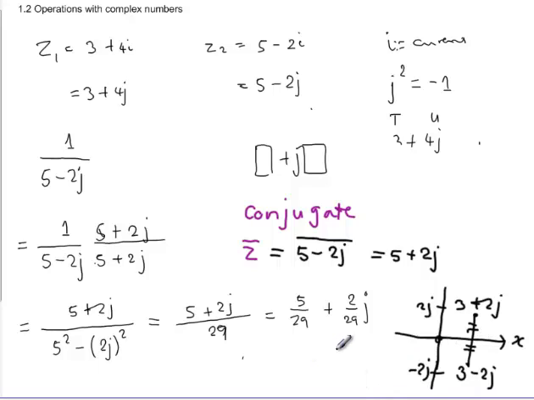Okay. So let's go on. Now let's play a little bit with conjugates.